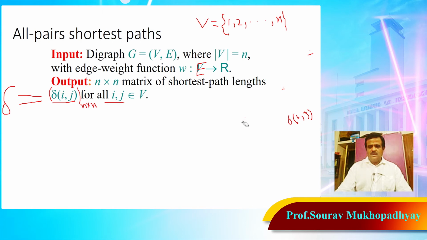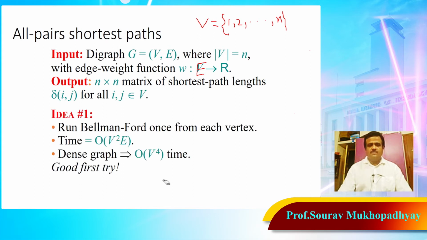So now the question is how we can do that. That is the all pair shortest path problem, and we have to get some algorithm for it. Let's think whether we can use Bellman-Ford on this. Bellman-Ford is general, because here we have no restriction on positive and non-negative weights.